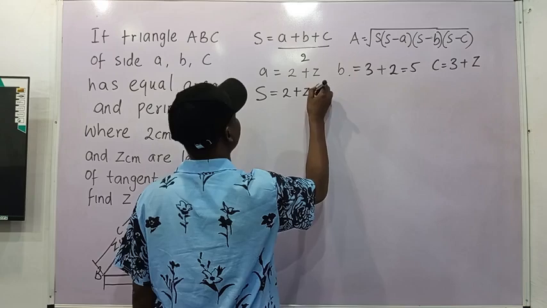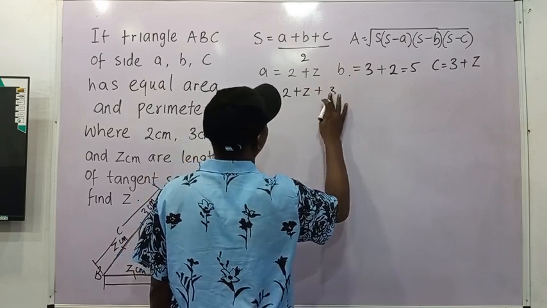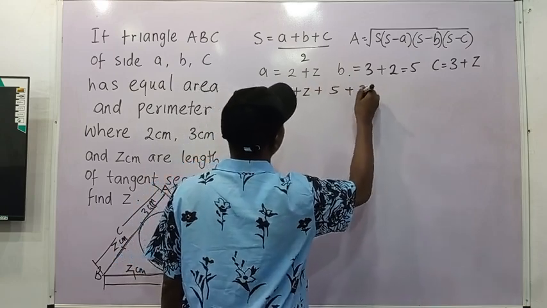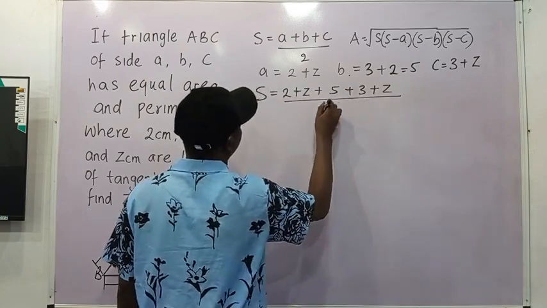So s gives us (2 plus Z plus 3 plus 2, which is 5, plus 3 plus Z) all divided by 2.